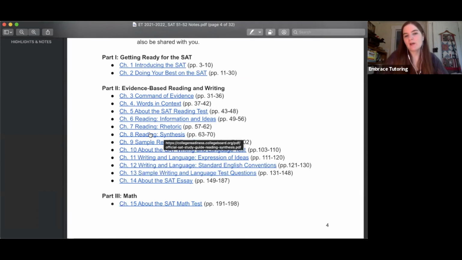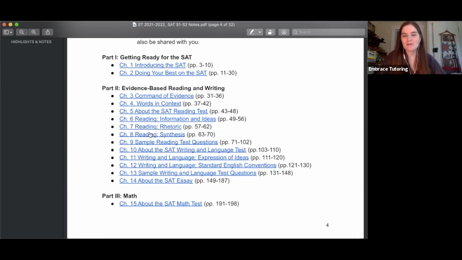But before I do that, does anyone have any lingering questions from the previous reading sections that you didn't ask in a previous class, in terms of understanding the College Board's breakdown of what they call information and ideas type questions, and the rhetoric type questions that they classify as their question types?